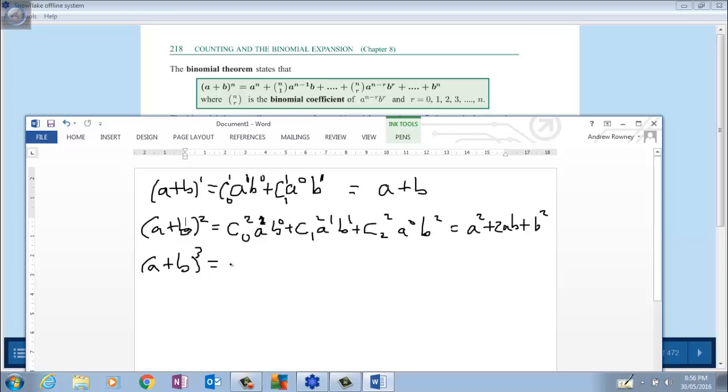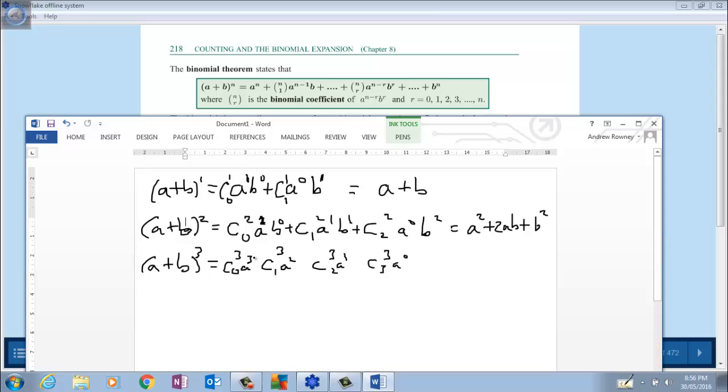Now we go to 3, (a plus b) all to the 3. So the coefficients are C03, C13, C23, C33. And the a's, you start off as a cubed, and you start reducing: a squared, a1, a0.